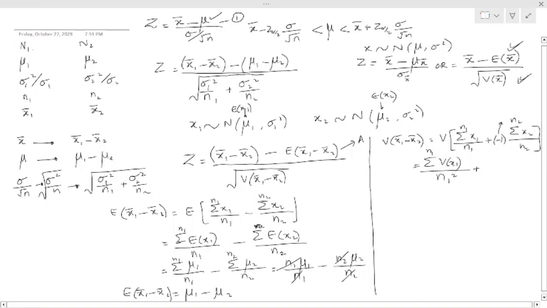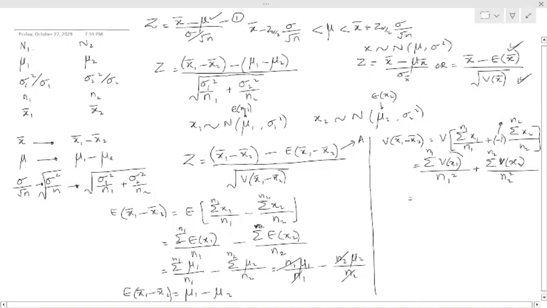This minus 1 will become plus 1 when the variance operator is applied on it, because it will be squared, and minus 1 squared is plus 1. So we change the sign to plus. Similarly, here the variance operator will be applied on x2, and when it is applied on n2, it will become n2 square.